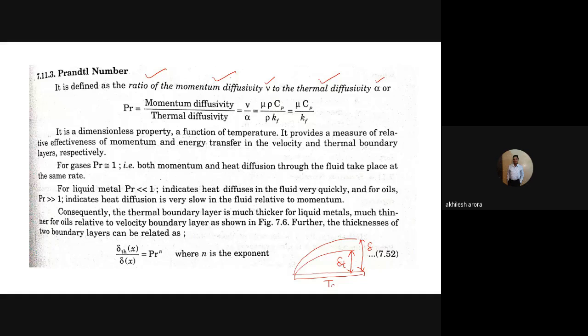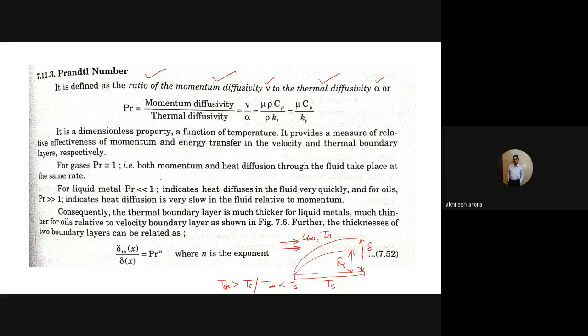Its surface temperature is Ts, and the fluid is approaching it at a velocity u infinity, and its temperature is T infinity. T infinity can be less than Ts, or otherwise T infinity can be greater than Ts. Anything can happen in this particular case.